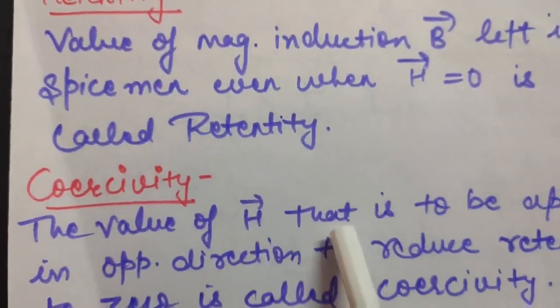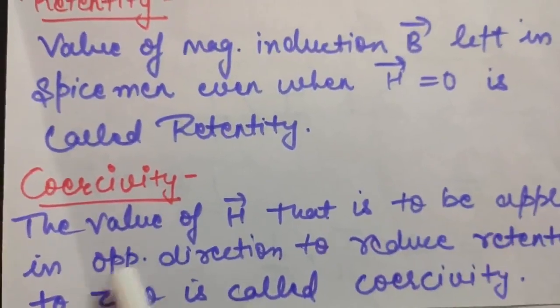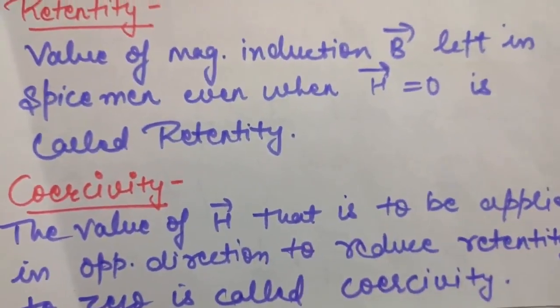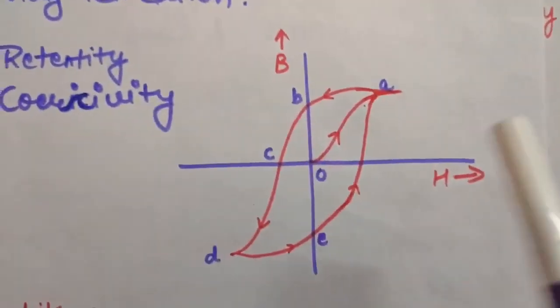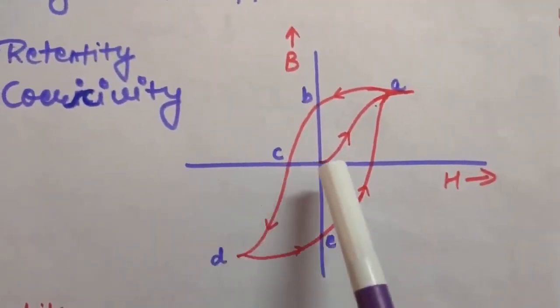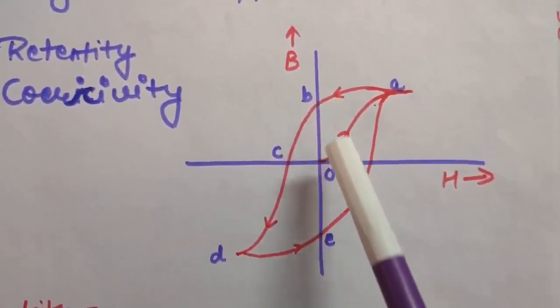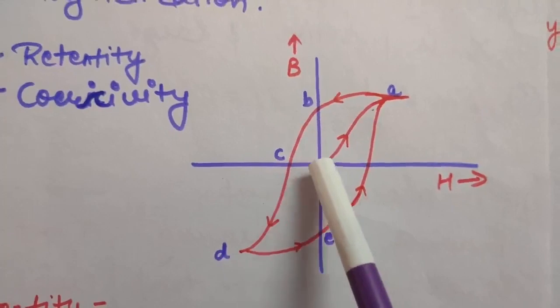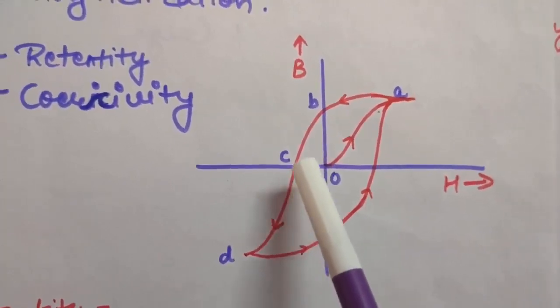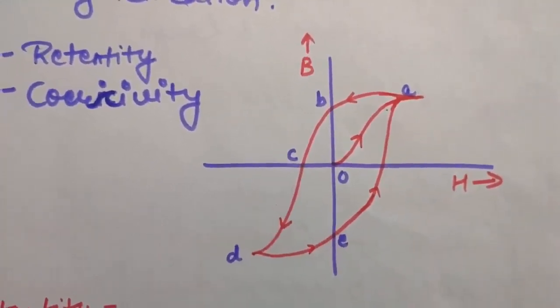The value of H that is to be applied in the opposite direction to reduce retentivity to 0 is called coercivity. That is, we have to apply this much OC in the opposite direction so that this retentivity reduces to 0. Therefore this value is called coercivity, because at C retentivity has completely reduced to 0.